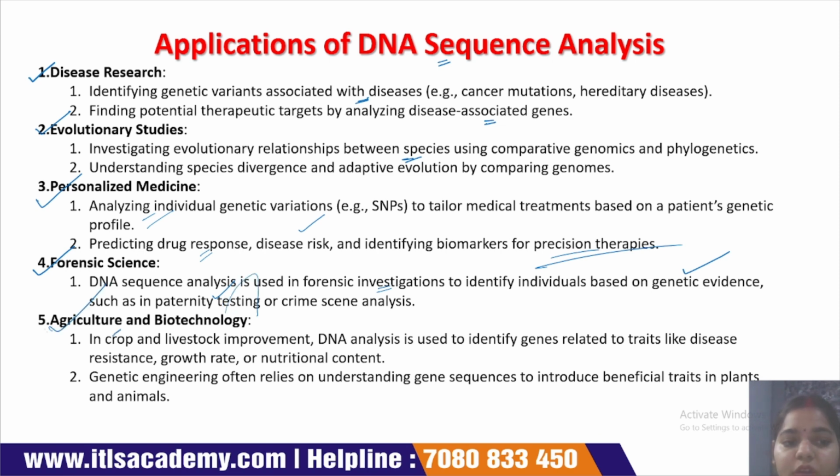Agriculture and biotechnology. In crop and livestock improvement, DNA analysis is used to identify genes related to traits like disease resistance, growth rate, and nutritional content. Next, genetic engineering often relies on understanding gene sequences to introduce beneficial traits in plants and animals to produce GMOs, that is genetically modified organisms.